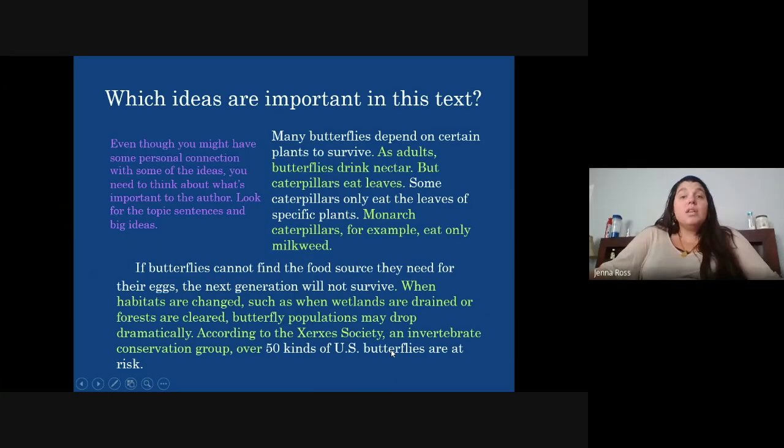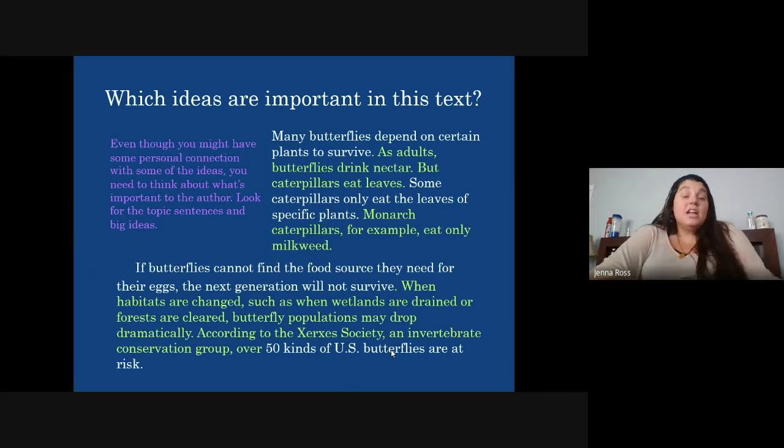So this author really wants to point out the fact that it's really important that we preserve the plants that butterflies and caterpillars eat so that they can continue to survive and their babies can continue to survive, so that those 50 types of butterflies no longer are at risk. Okay, those are the important things. So you really want to pull those things out. Yes, is it cool that they drink nectar and that caterpillars eat leaves? Sure.